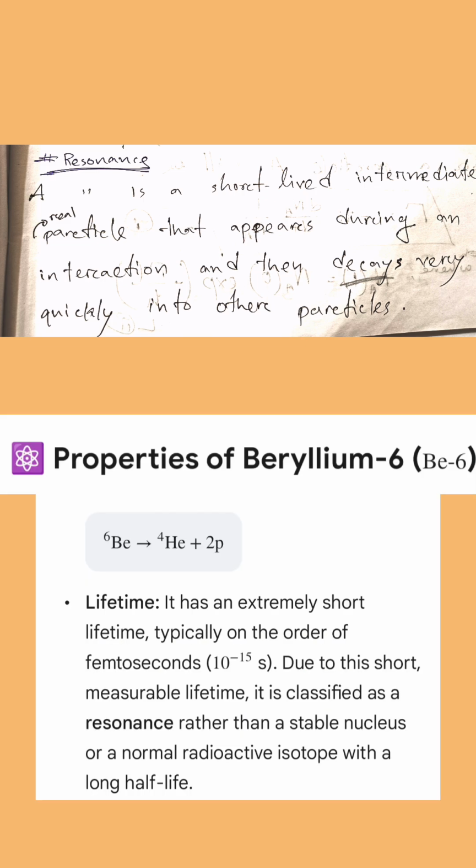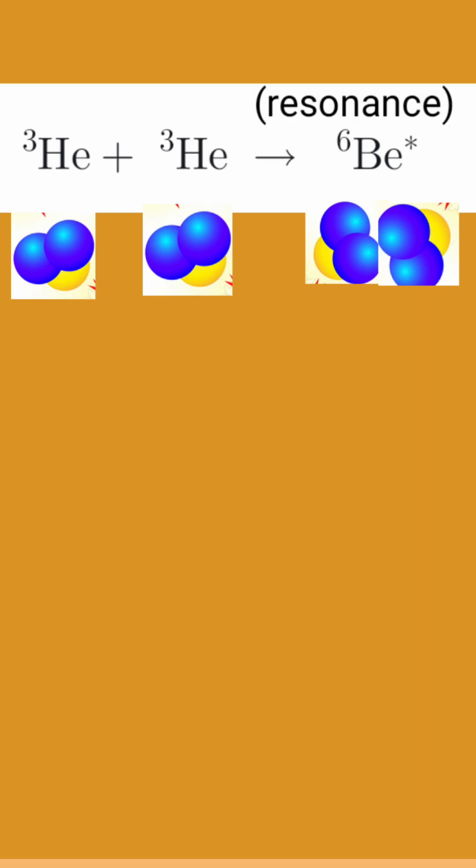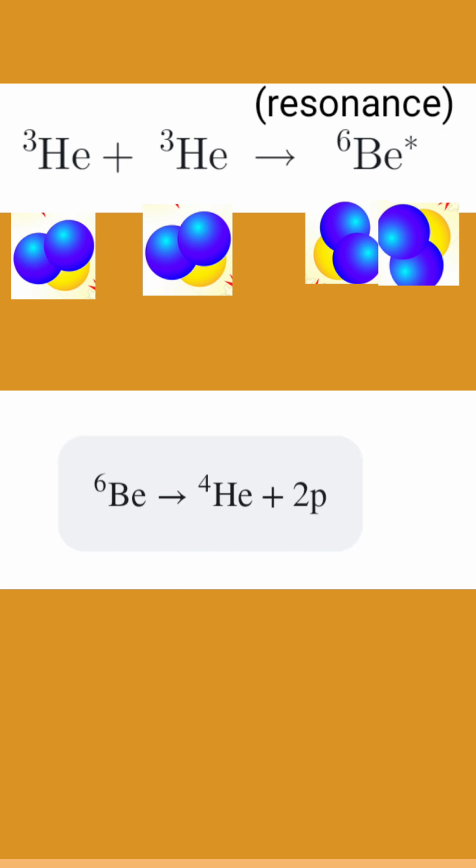And this resonance has a very short lifetime, that is, it appears as an intermediate state and quickly decays into other particles. For instance, in our case we took the example of beryllium-6, which quickly decays to helium-4 and two protons.